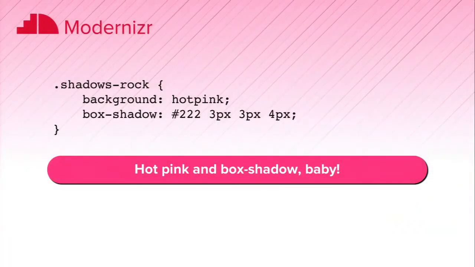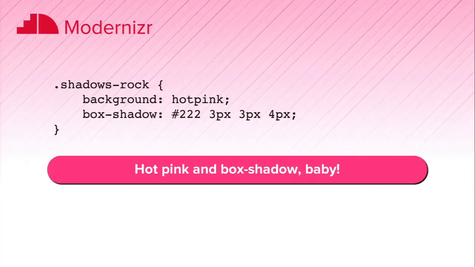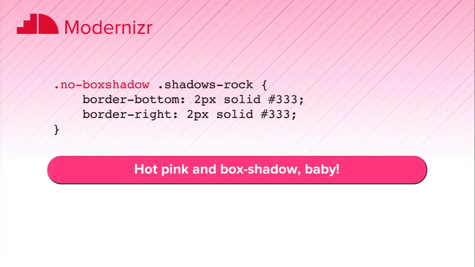A bit of an example. So here we have some great div, looks fantastic. We have a nice box shadow here, and as you can see, it has a nice blur effect on it. It's very pretty. But what do we do if the browser doesn't support box shadow when we want to have something there to sort of keep that design aesthetic alive? Well, we can say no-boxshadow.